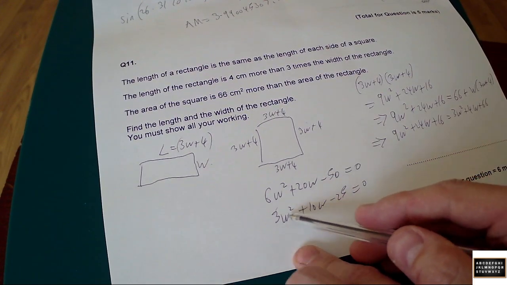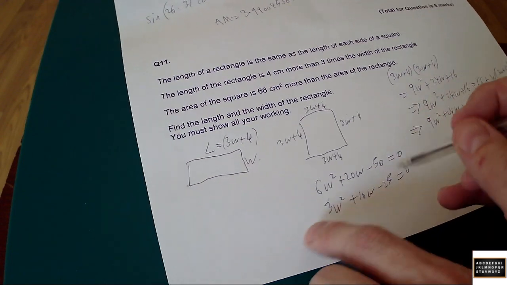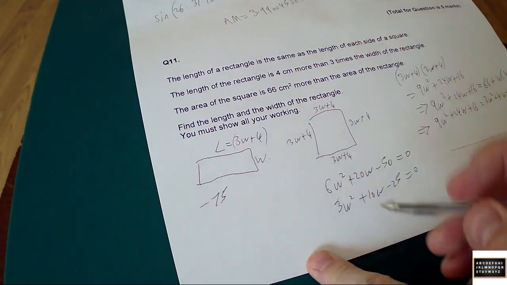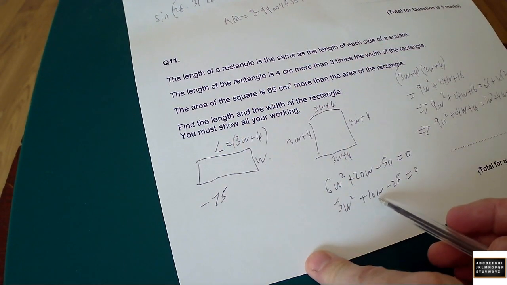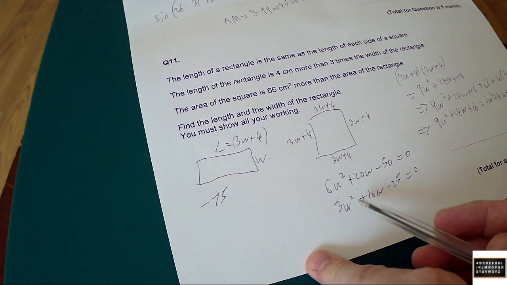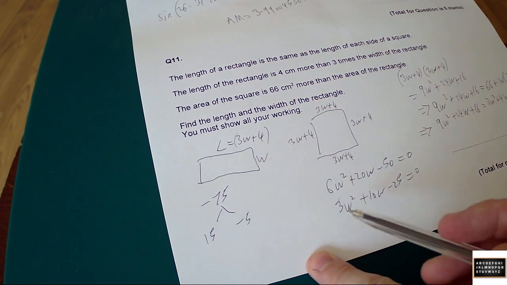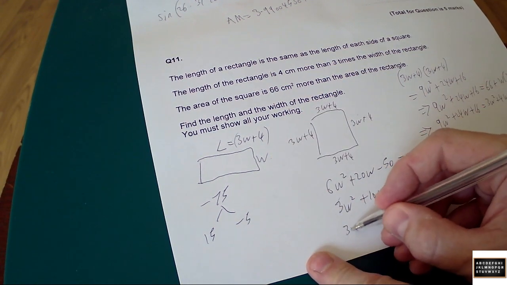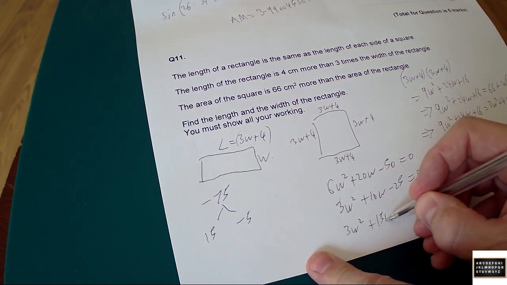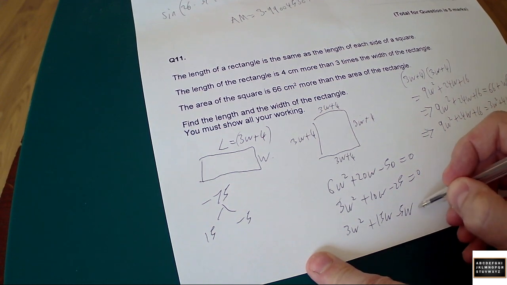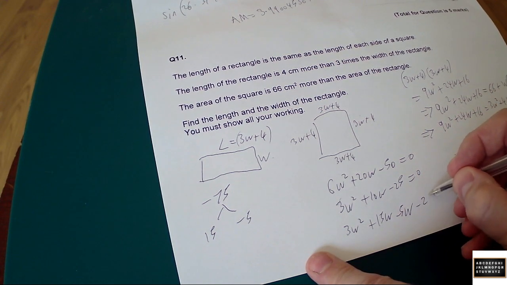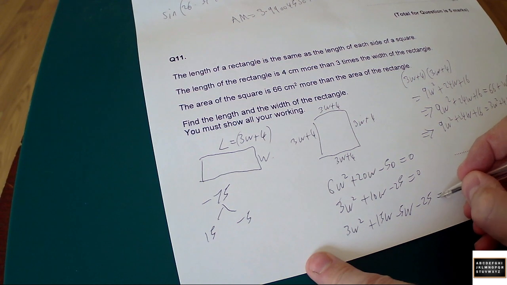So again, 3 times minus 25 is minus 75. I'm looking for factors of minus 75 that can make 10 here. So 15 and minus 5 will work. And so you've got 3W squared plus 15W minus 5W and then minus 25 equals 0.